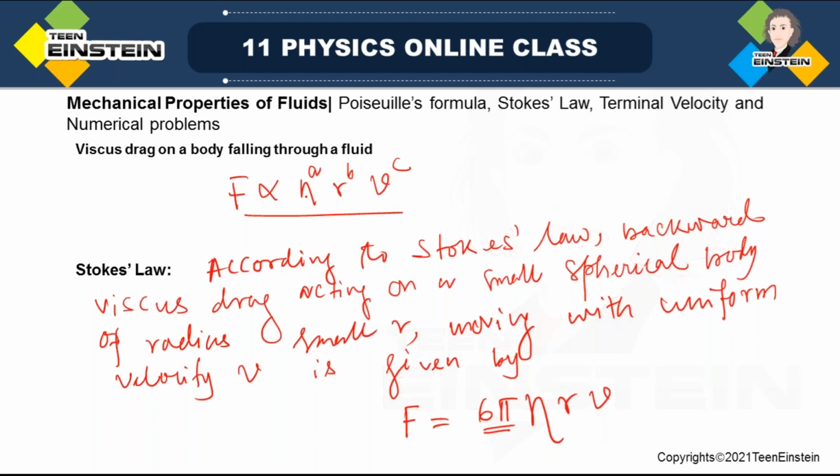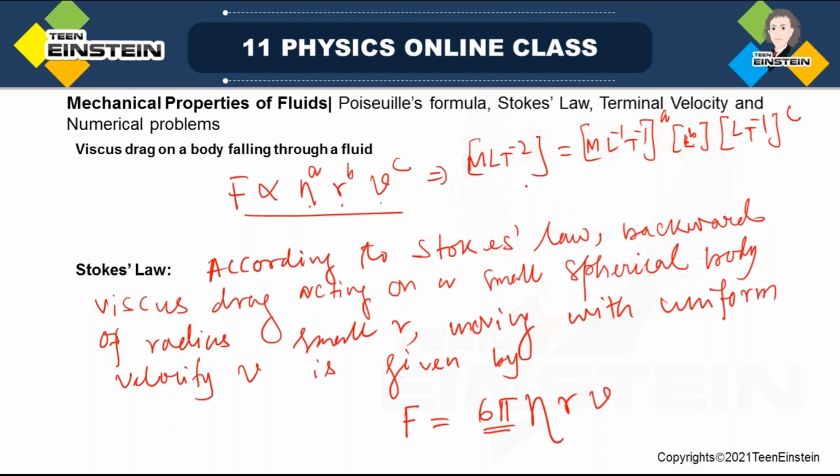Now this has the dimension of force. I'll just quickly do it. So M L T to the power minus 2 on the left hand side, since this has the dimension of force. On the right hand side, eta is M L to the power minus 1 T to the power minus 1, whole to the power a. R is L to the power b, and v is L T to the power minus 1, whole to the power c.